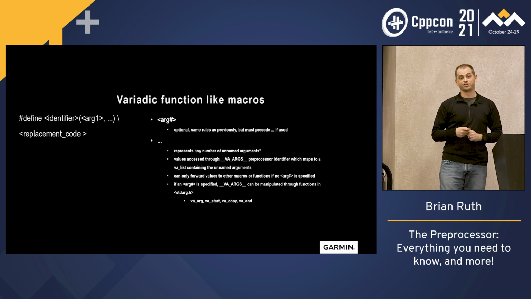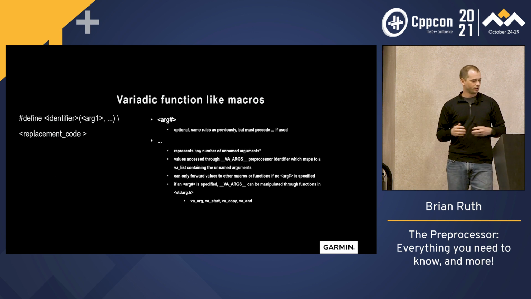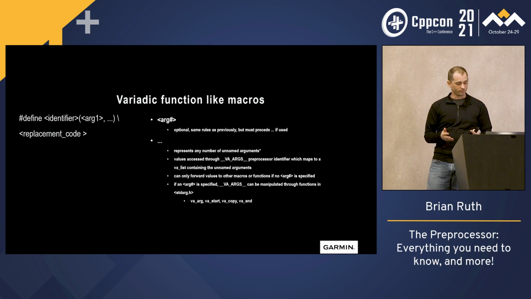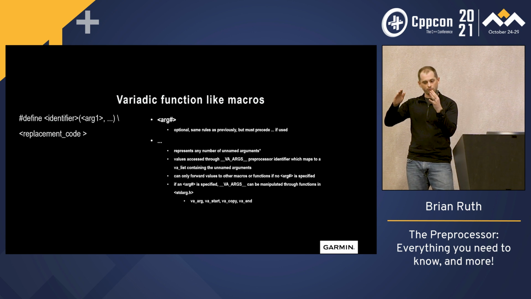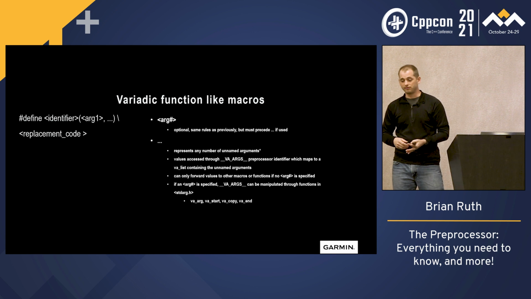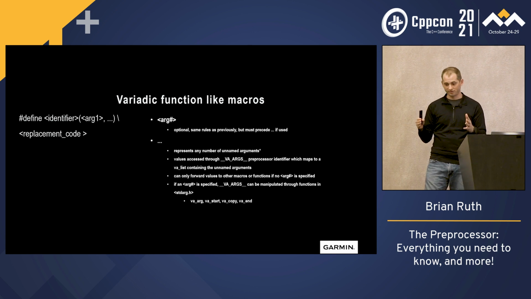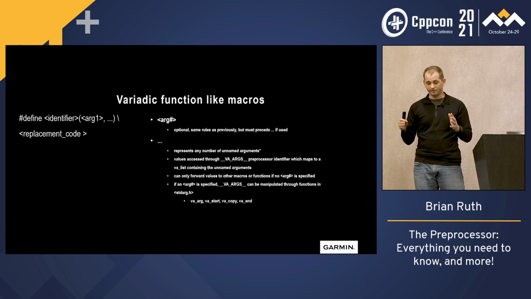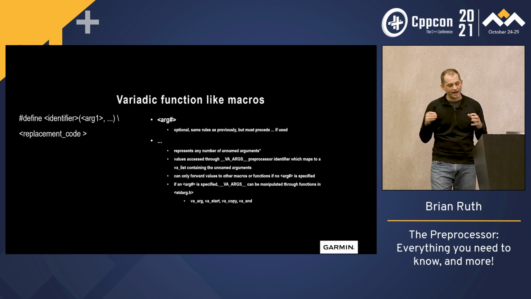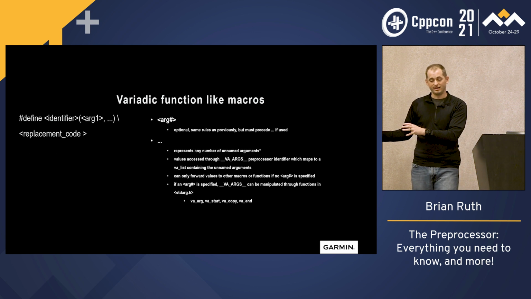So variadic function-like macros. You can actually have variadic macros as well. Basically, it's going to be the exact same as a regular macro, except it's going to follow with a ... Now, you would access those values and functions through the __VA_ARGS__ preprocessor identifier. So you don't have direct access to those arguments. All you can essentially do is forward them into those VA lists.